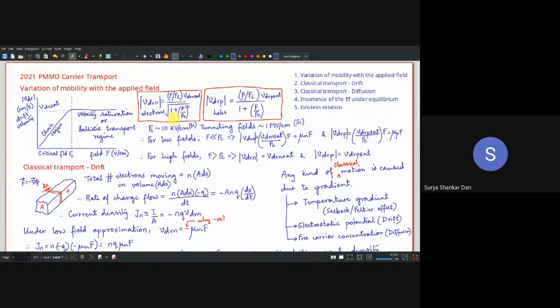So that means your metal itself will lose its property of a metal if it reaches that 10 megavolt per centimeter before the ohmic region can even come to saturation region. So that means for all practical purposes, you are always going to have an ohmic region in case of a metal. On the other hand, if it is the case of semiconductors, Fc is 10 kilovolt per centimeter, which is easily achieved in modern technology.